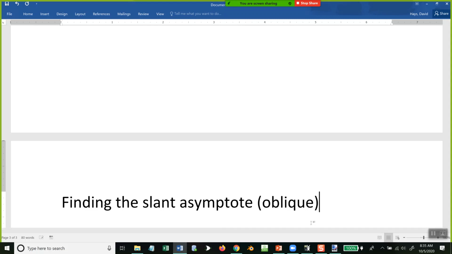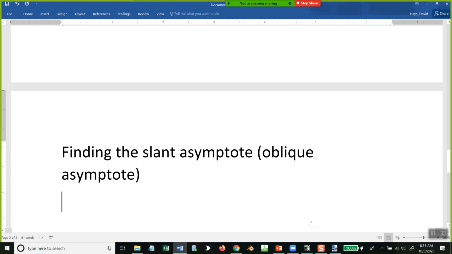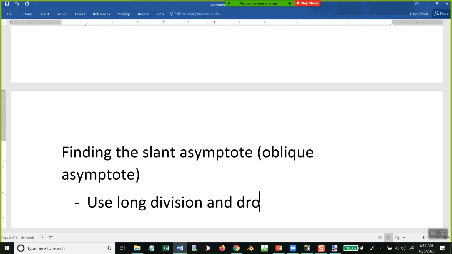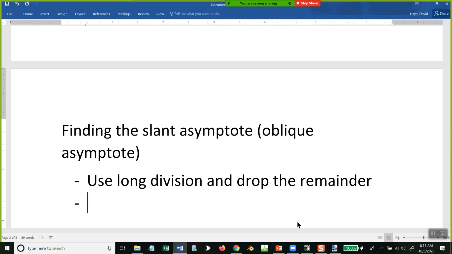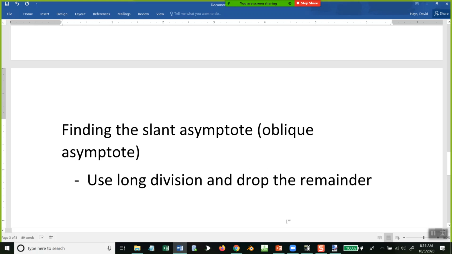Again, you may have learned it under this name. What we do is we use long division and drop the remainder. Verticals up and down, horizontal side to side, slant is at an angle.